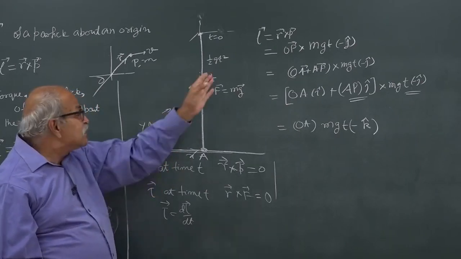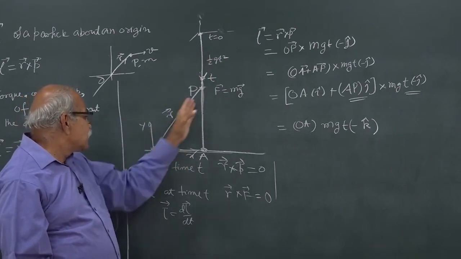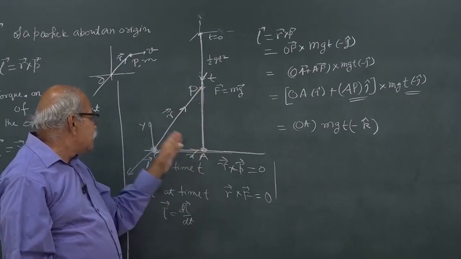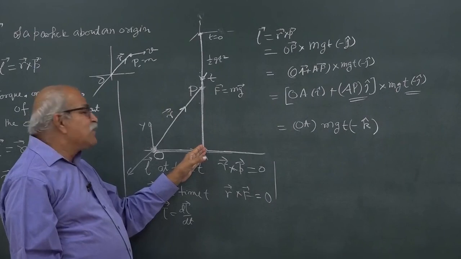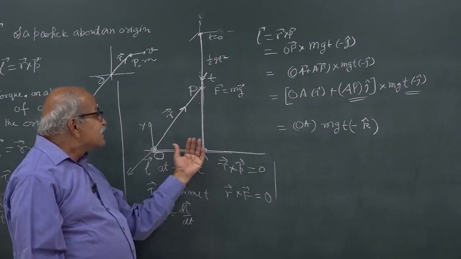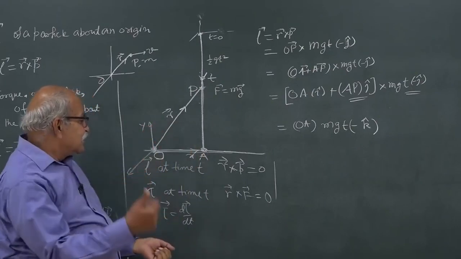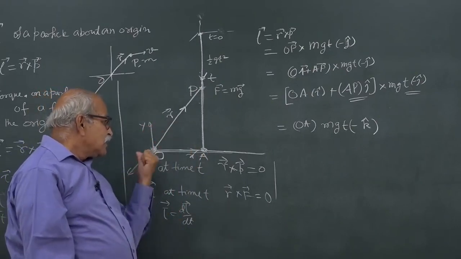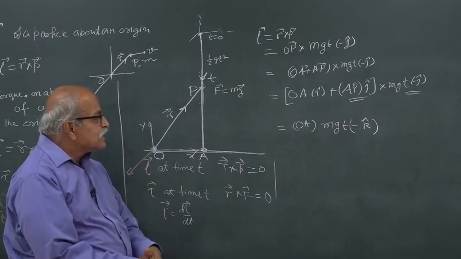So, the particle is falling parallel to this y axis, but its angular momentum is in negative z direction. If this is x, this is y, z is coming towards us and minus k cap means it is going into the board. So, that is L.